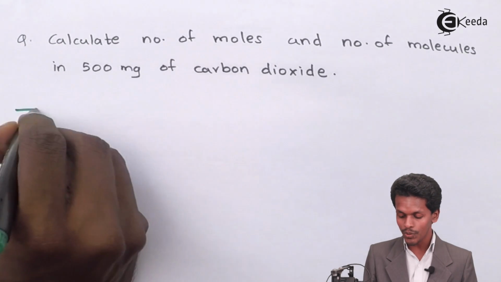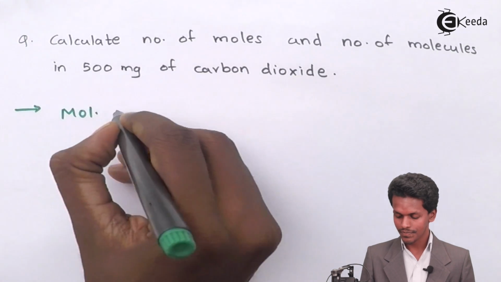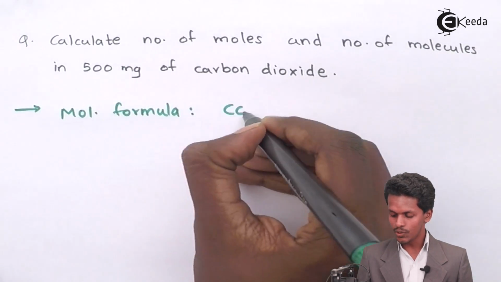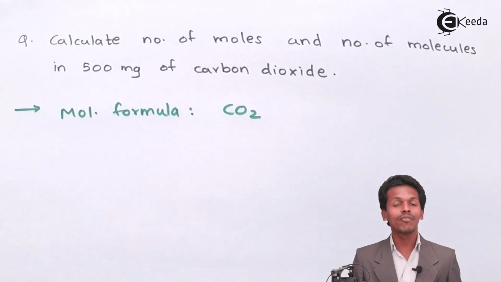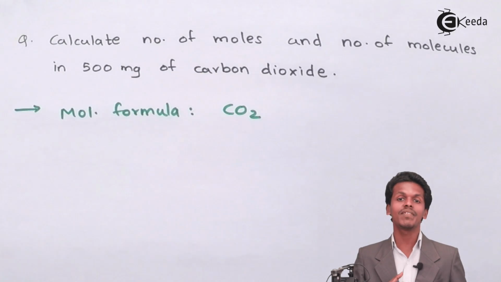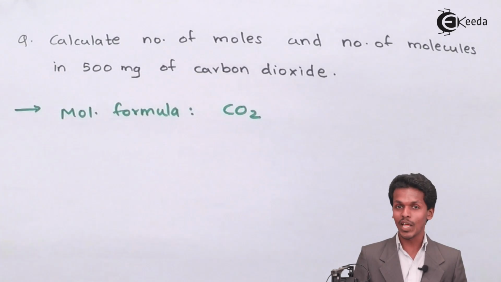The molecular formula of carbon dioxide is CO2. Once I have the molecular formula, it is easy to calculate the molar mass of carbon dioxide.